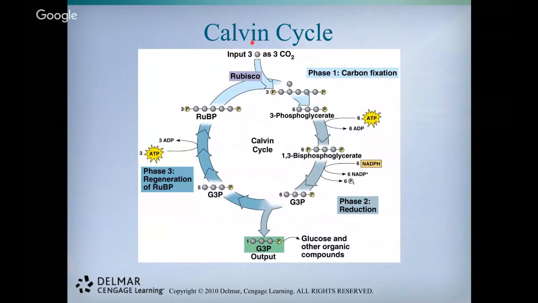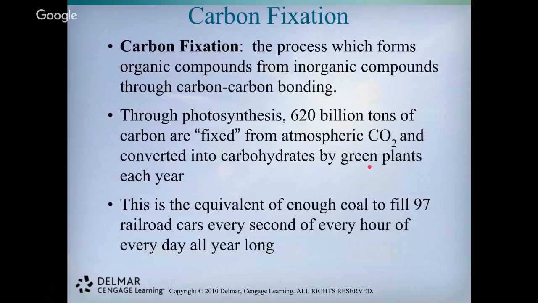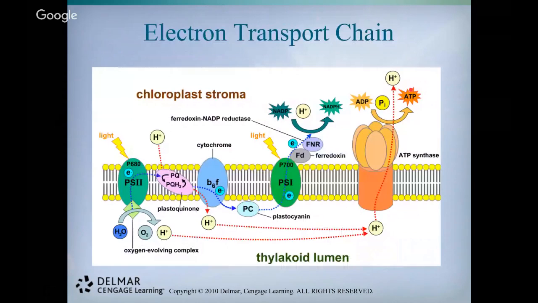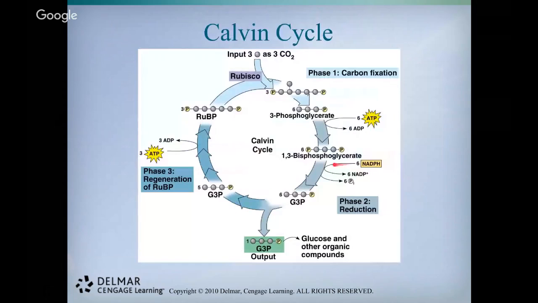So here we are. We have carbon dioxide coming in. This Rubisco enzyme takes this, adds it to this right here to create a 6-carbon compound, count 1, 2, 3, 4, 5, 6. It immediately splits in half, so we get 2 of these phosphoglycerates. We then add some energy, ATP comes in. We add a phosphate group, boom, right here. NADPH comes in. This right here, ATP, NADPH, that's where it comes from, the electron transport chain.